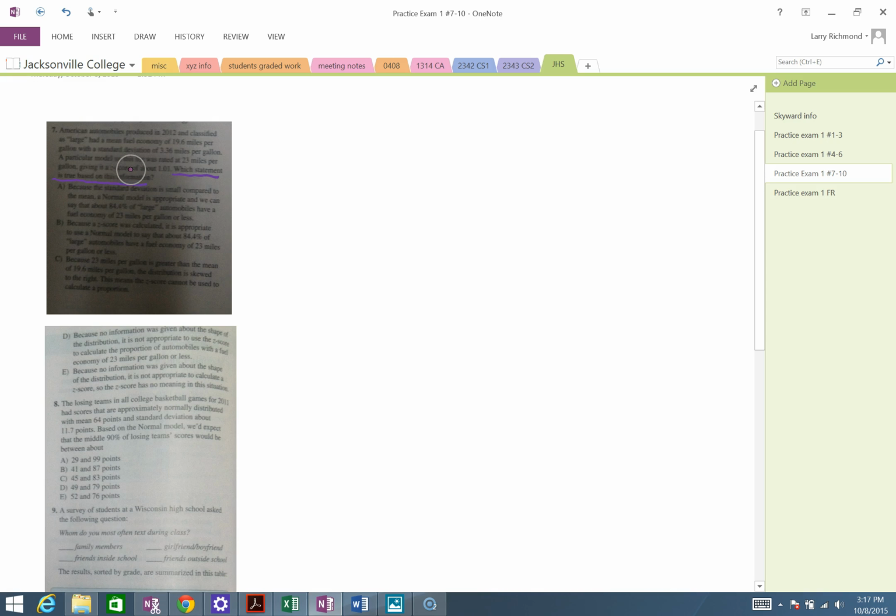A particular model on this list is rated as 23 miles per gallon, giving it a z-score. It's telling us the z-score for this model is 1.01. And we know a z-score is a number of standard deviations. Which statement is true based on this information?